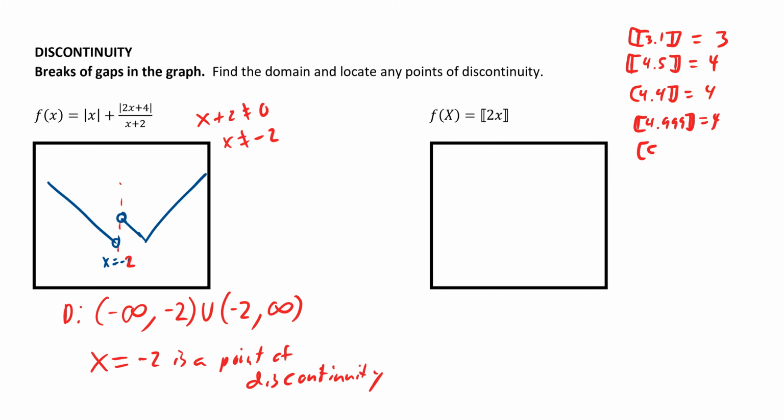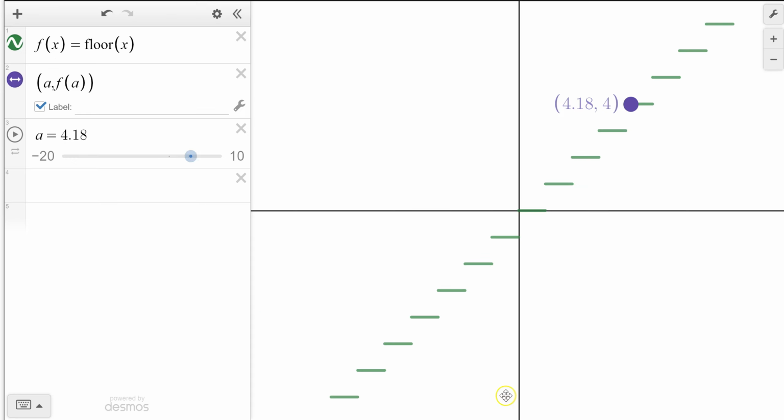It's not until you hit 5 does it become 5. So if you look at that, we're right here, see, at 4.3, the y value is telling us what the greatest integer is. So for 4.14, our greatest integer is 4. All the way until we get to 5.